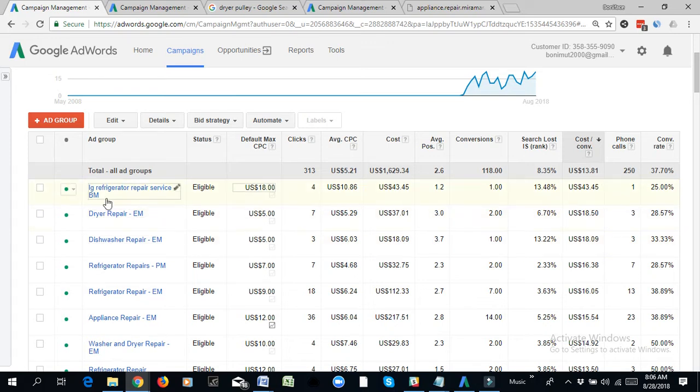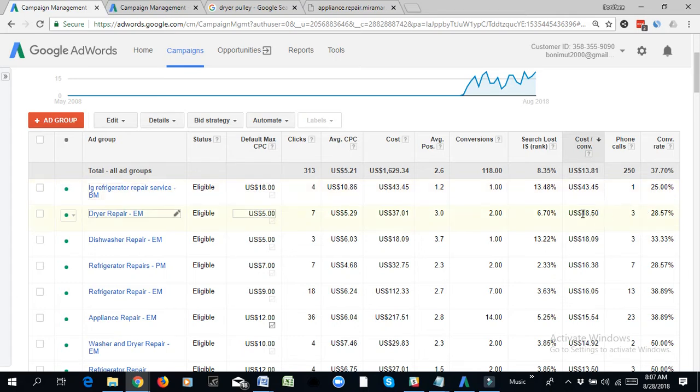So this one is definitely expensive, and I would like to open that particular ad group to look at it in more detail and see what could be the problem there. Try to see if I can catch any mistake there.